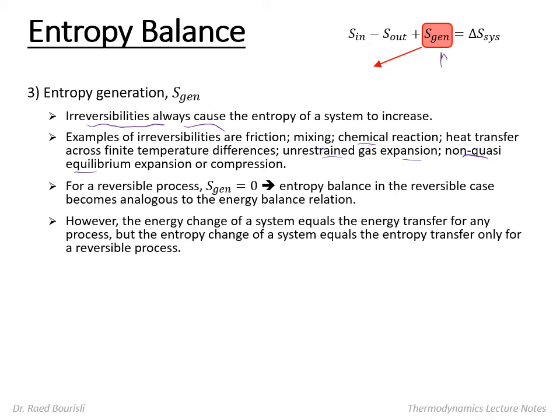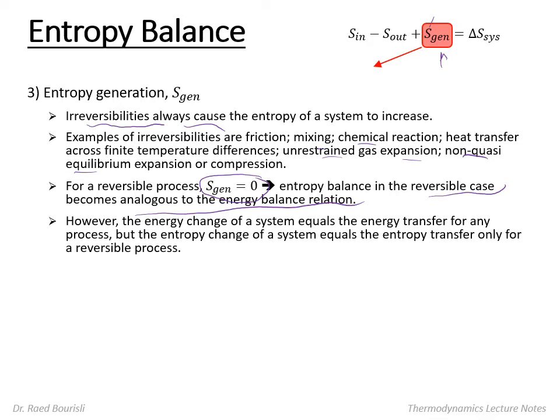For a reversible process, no entropy generation takes place. So you can define a reversible process in such a way that takes into account this entropy generation. No entropy generation means reversible process. So the entropy balance in the reversible case becomes analogous to the energy balance relation.